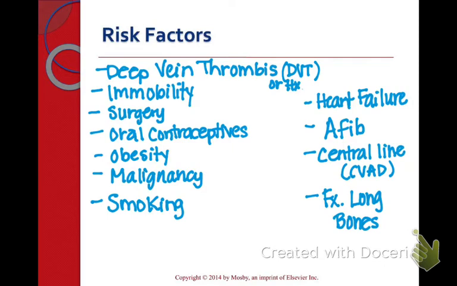So what are the risk factors? Deep vein thrombosis, or DVT, like the video that I showed you all the other day. Immobility, of course, if you're not moving. Surgery. Oral contraceptives.